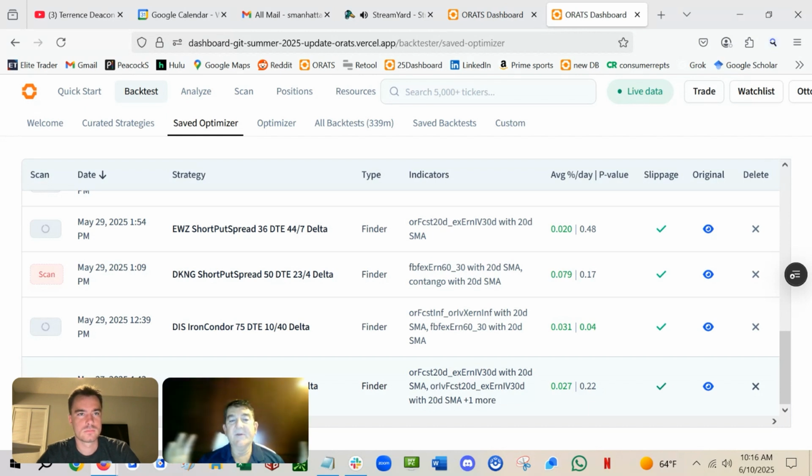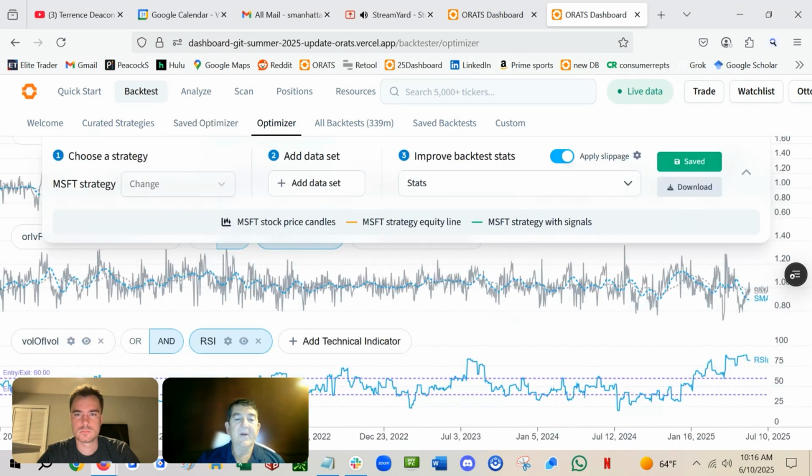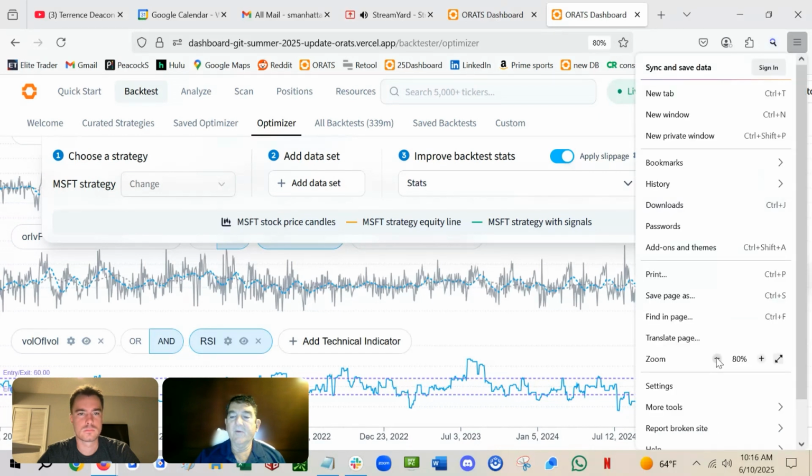The way the optimizer is set up is you put in a backtest, and here's a backtest, and you have Microsoft. It's probably hard to see on my laptop here, but let me see if I could zoom out a bit.